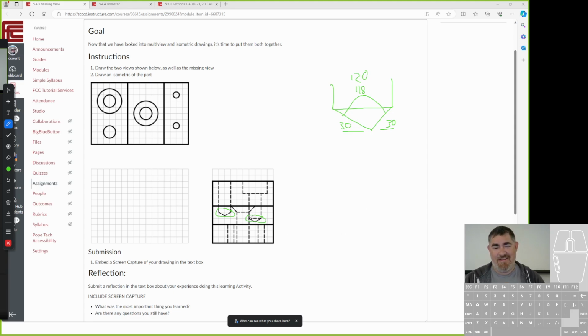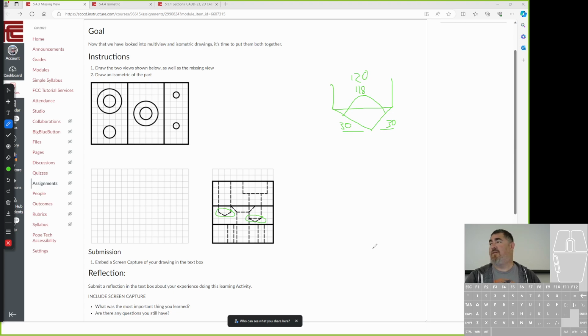So what do you guys think? People online, you can use your reactions. Who thinks that the one on the left is the correct one?